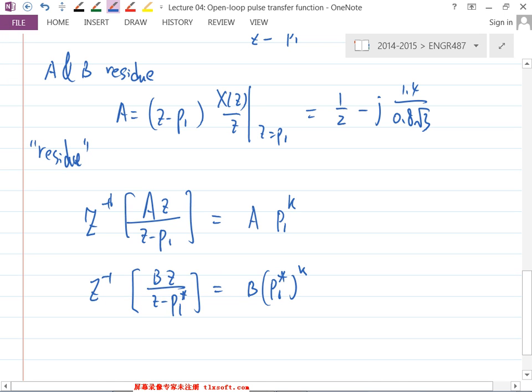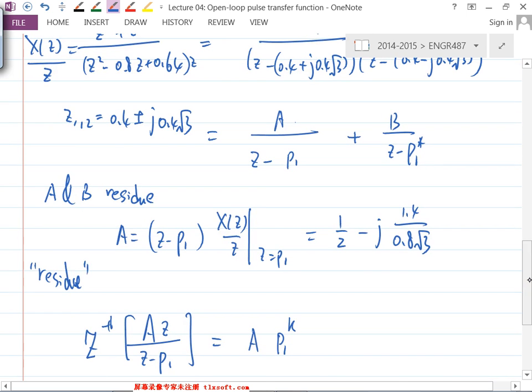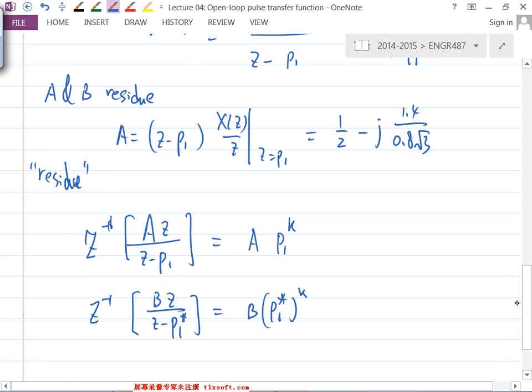Now imagine this A is a complex number, and P1 conjugate, and apparently they're complex. For this P1, which is 0.4 plus J 0.4 root 3, for any complex number you can always write it in the format of magnitude times e to the power of j theta.